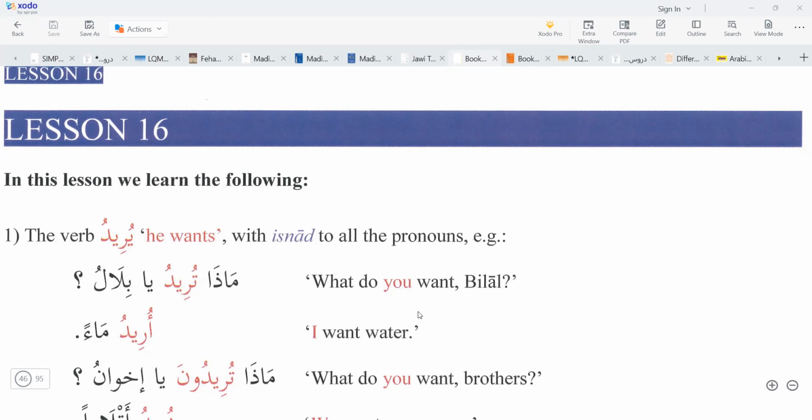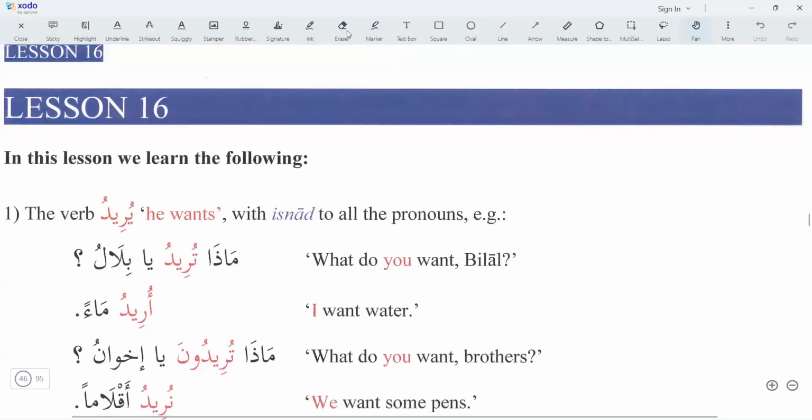Today, inshallah, we will learn lesson number 16 of Durusul Lughatil Arabiyya, Book 2. In this lesson, we will learn the isnad of the verb yuridu. Yuridu means he wants.